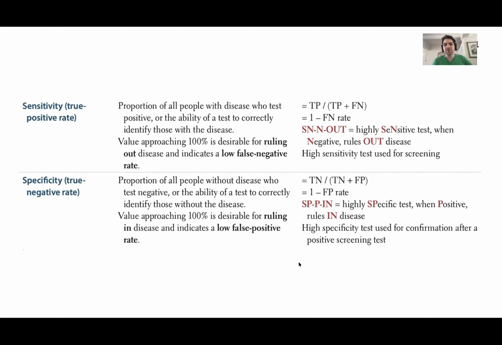However you look at it, the SnOut thing just does it the inverted way: highly sensitive, when it's negative, you rule out the disease. It just depends how you want to do it, if this helps you out. The way I think of it is, with a highly sensitive test, if you come in for the test and you have the disease, you're going to test positive.